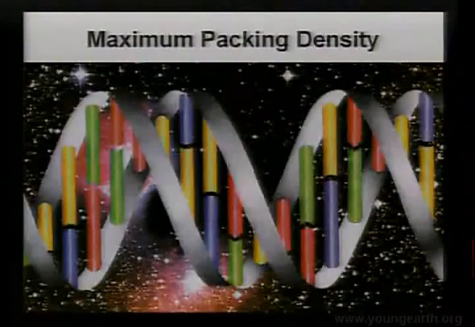Only the molecular machine in living cells can assemble proteins. Scientists know that information can only come from an intelligent source. Information is subject to natural laws, just like matter and energy. And those laws tell us that random chance material processes can never be the source of new information.